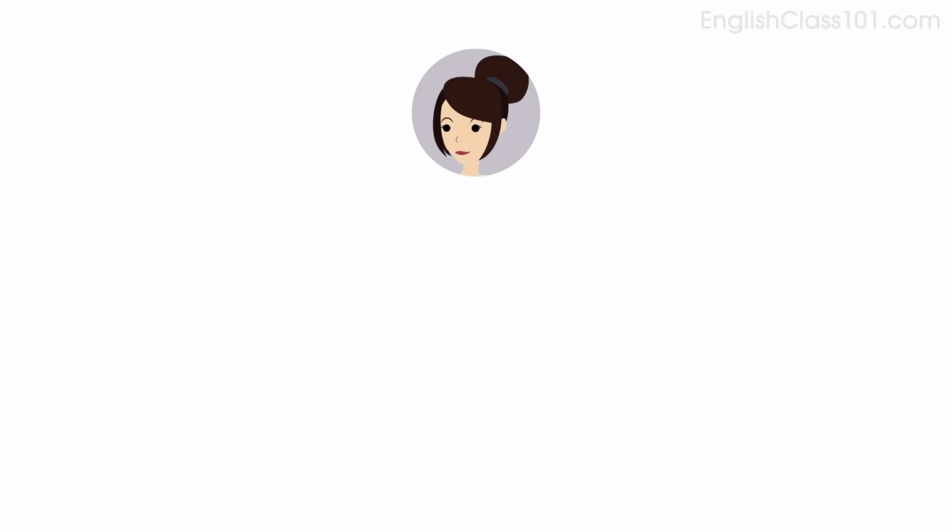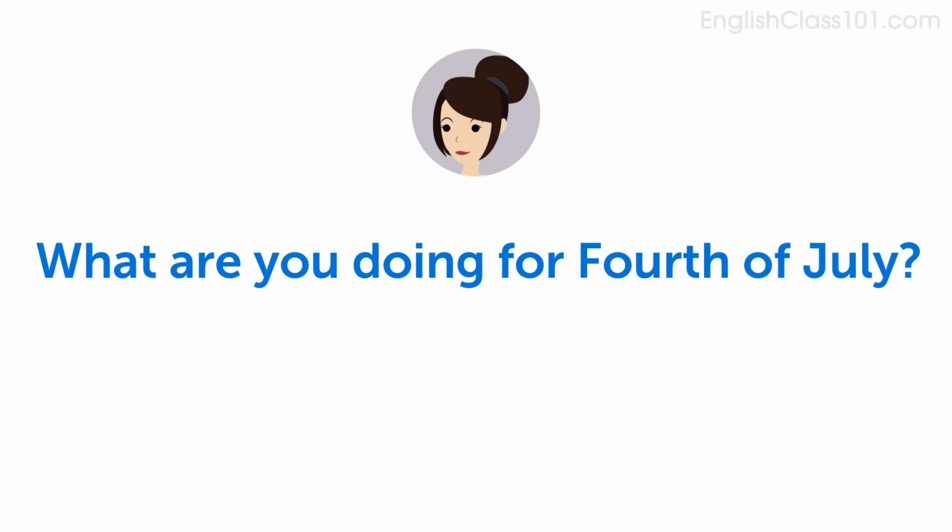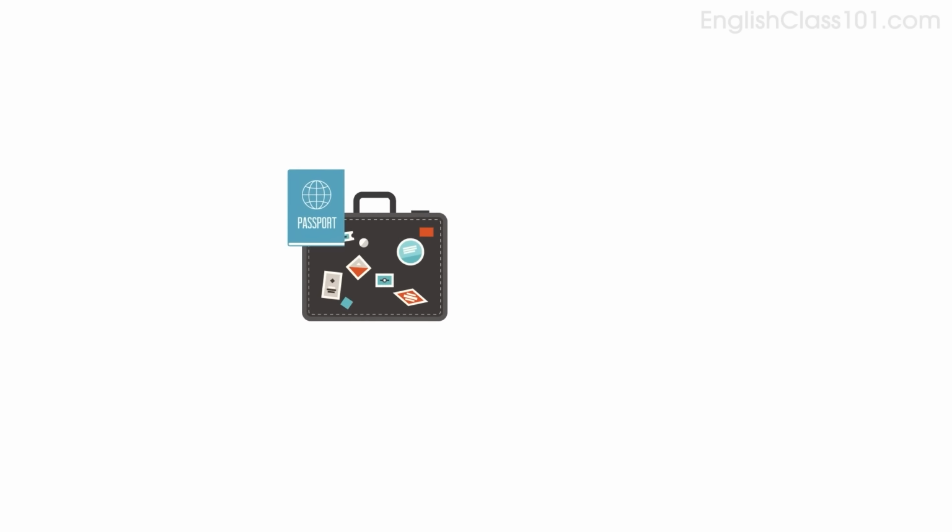Okay, now it's your turn. Do you remember how to say, "What are you doing for the 4th of July?" What are you doing for 4th of July? Imagine you're planning to travel. Do you remember how to say travel? Travel.